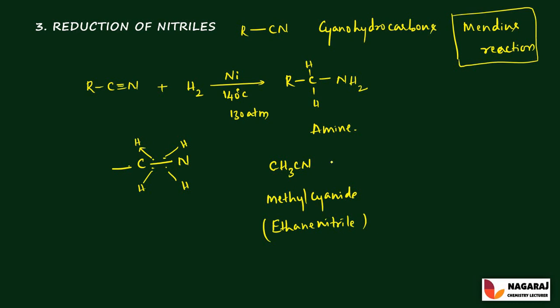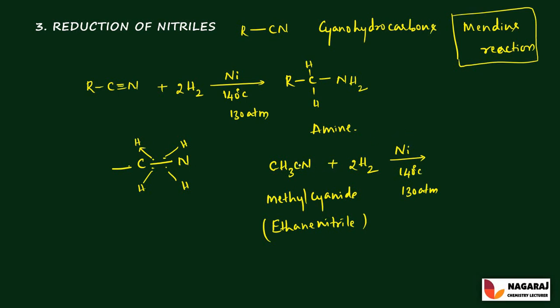So this ethane nitrile reacts with hydrogen in the presence of nickel catalyst, requiring 2 moles, at a temperature of 140 degrees Celsius and 130 atmospheric pressure. That is, the reaction takes place at very high pressure.